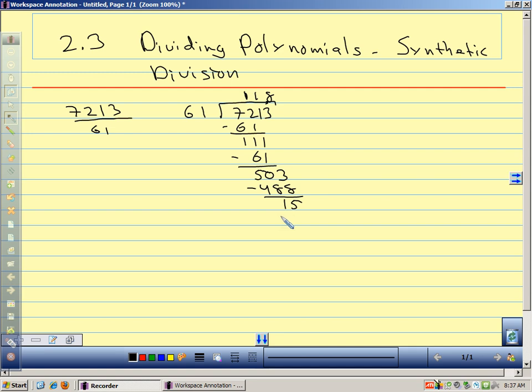So our remainder is 15. And we can write, this tells us that 7213 divided by 61 is 118 plus 15 over 61. That's what this whole division process tells us.